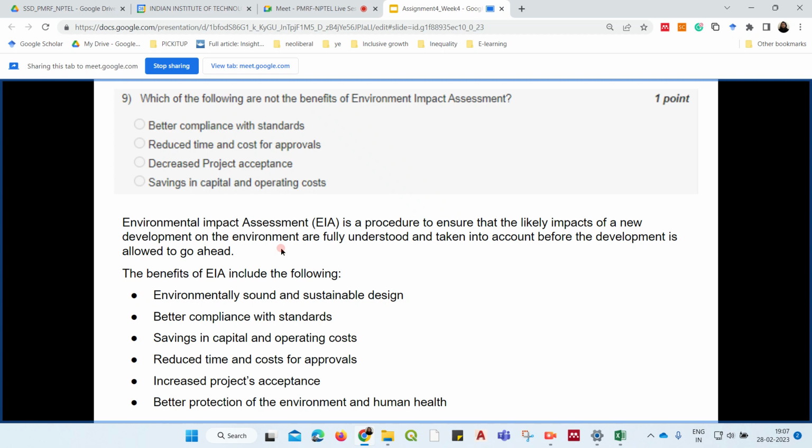Then it is tried to make sure that the impact is minimal, or any mitigation of the impact is taken care of by the person who is developing or other people who are regulating the development itself. So that is what environmental impact assessment is.